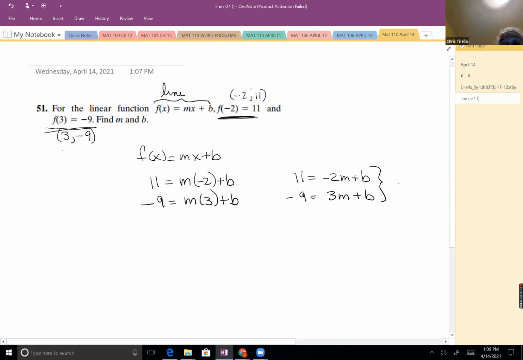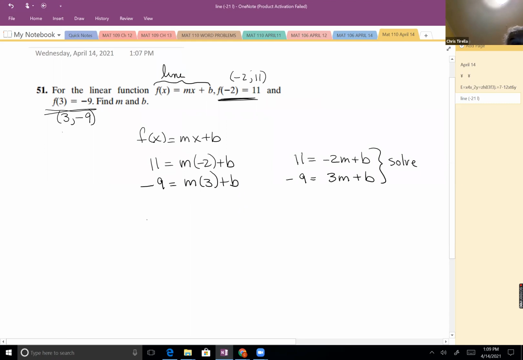And so now we're going to solve the system. In either equation, we could go through and solve for b and substitute. But let's use our elimination. Let's eliminate b by multiplying, let's say, the first equation by -1. That would give me -11 equals 2m minus b.